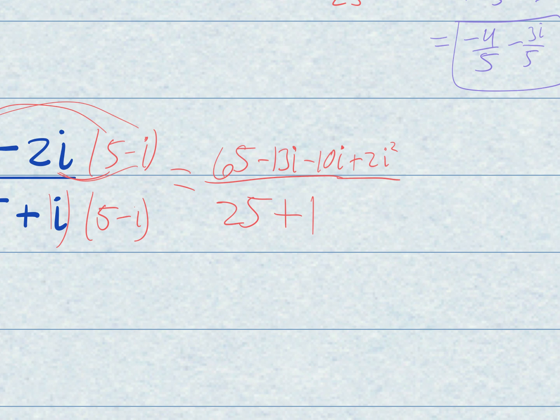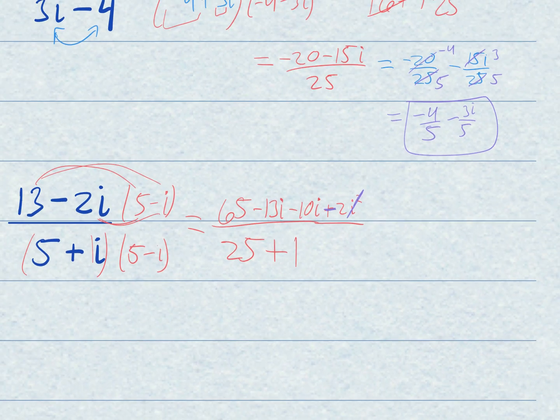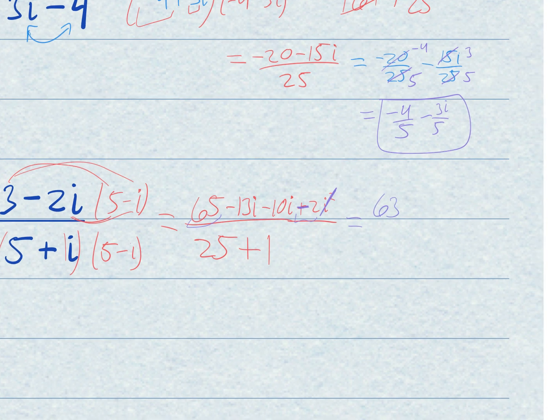But again, anytime you see an i squared, you cross it out and replace the number in front with a negative. Now let's combine. Reals with the reals is going to be 65 minus 2, which gets us 63. And then negative 13i minus 10i is going to get us negative 23i.